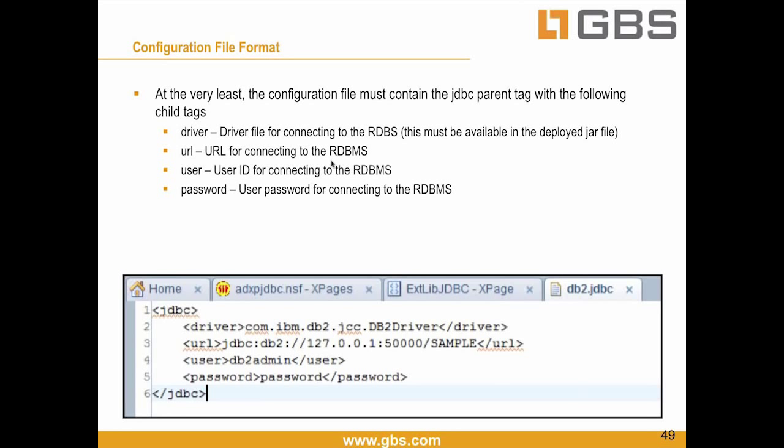And that must be available in the deployed jar file, that driver. So that's the class file. Optionally, in the JDBC section, you can also set up a very simple connection pool so that when connections are made to this particular interface, they actually serve the connections out of the connection pool rather than making an individual connection every time.